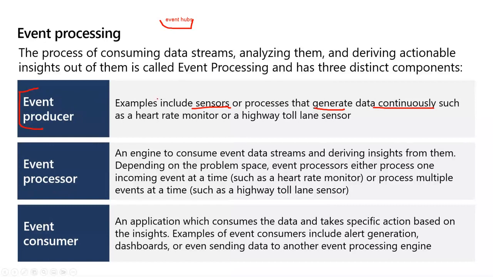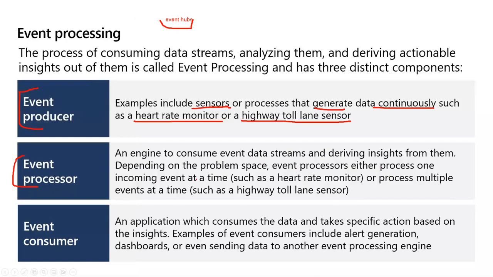So you have to get those events or data generated, like from a heart rate monitor or a highway, and this Event Hub is going to get those data and process them. And it's going to process them in different ways. So that's where the windowing I mentioned is going to come into play.